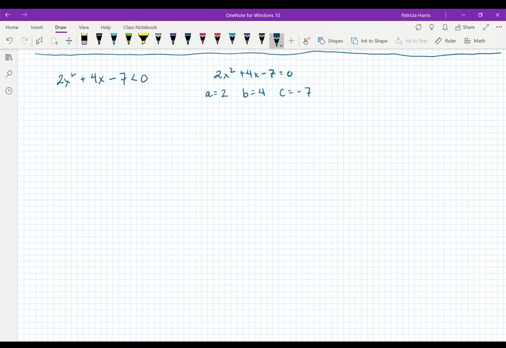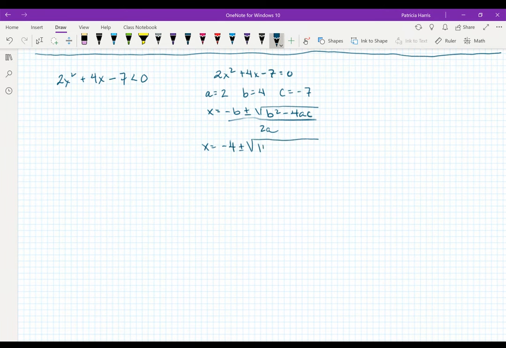Okay, so if I pop that into the quadratic formula, I'm going to get, let's just write it down. Hopefully you guys remember. Okay, so -4 plus or minus the square root of 16, because it's b squared, minus 4 times 2 times -7, all over 2 times 2.